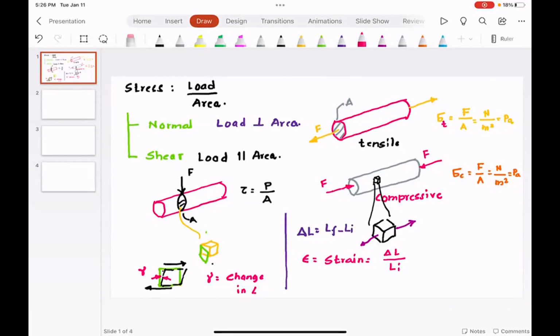Because of that deformation, the length increases and the area decreases. So you would have localized high stresses, and if these high stresses exceed the inherent property of the material to stay together, the material would break apart.